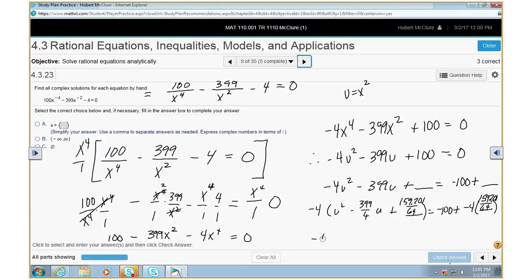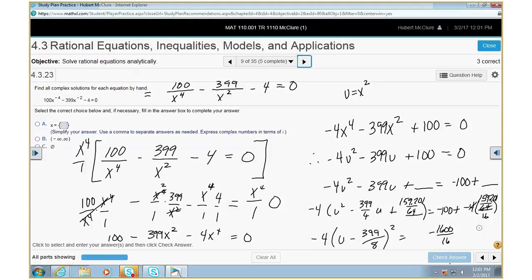So negative 4 times u minus, the square root of that is going to be 399 over 8, quantity squared, is equal to, well, 4 will go into 64 how many times? 16, so that'll be 16 right there. So I have to change this: 100 would be 1600 over 16.